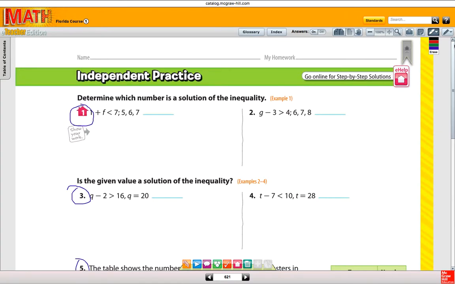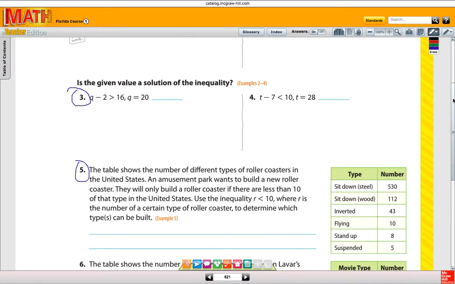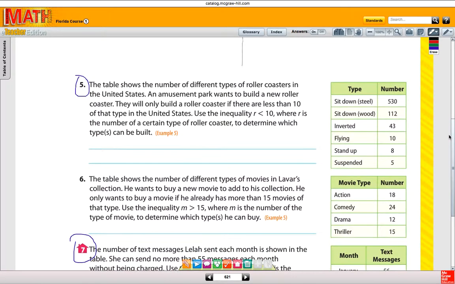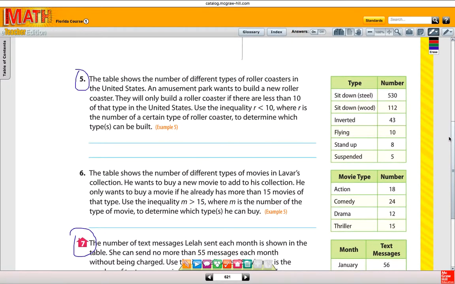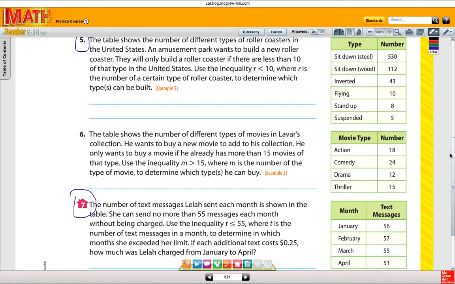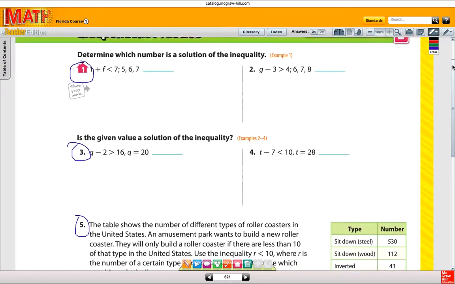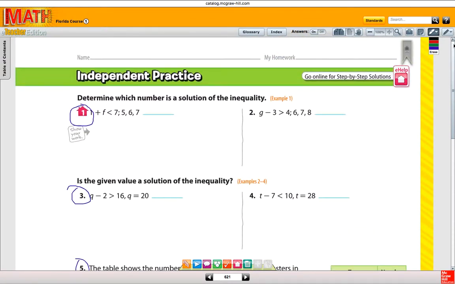On number 1, you're going to write which number works. Number 3, you're going to write yes or no to determine whether or not the number they give you works. Number 5 and 7, I want you to read through the situation and refer to the table to help you come up with your answer. We'll go ahead and pause the video and display the answers when we come back.